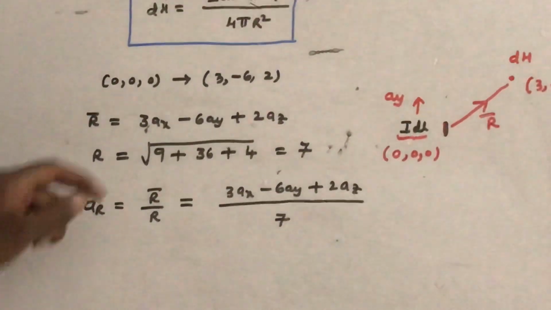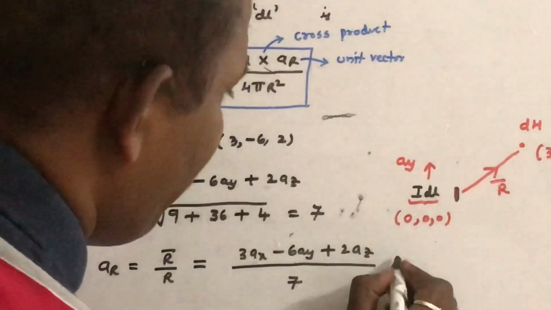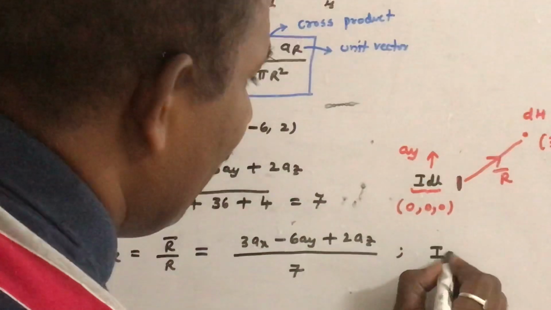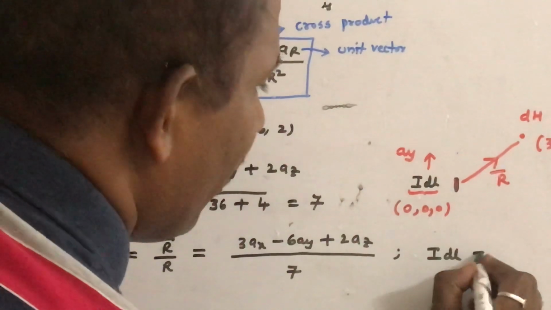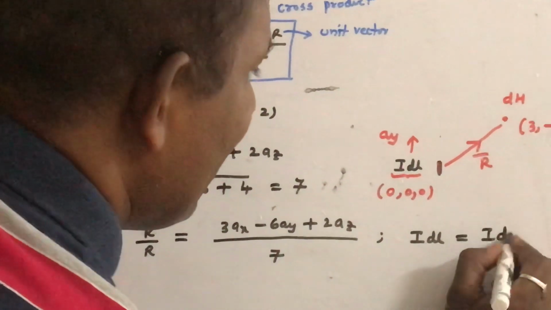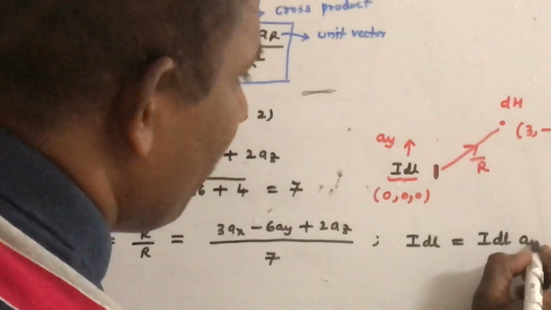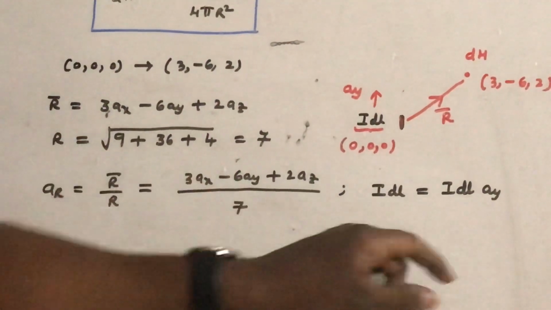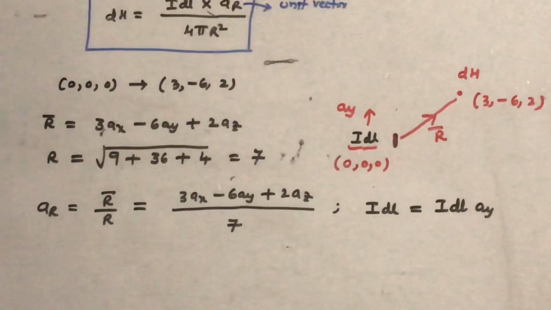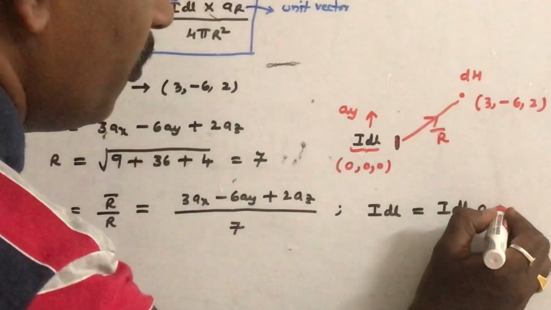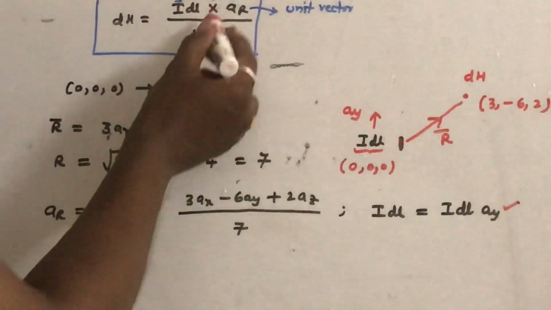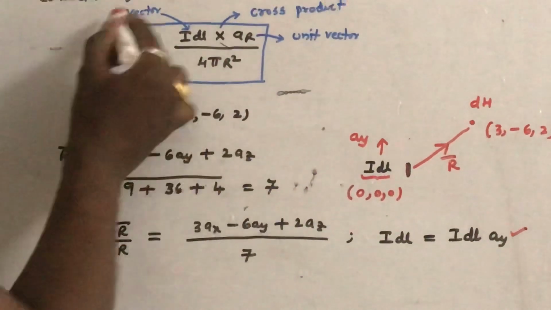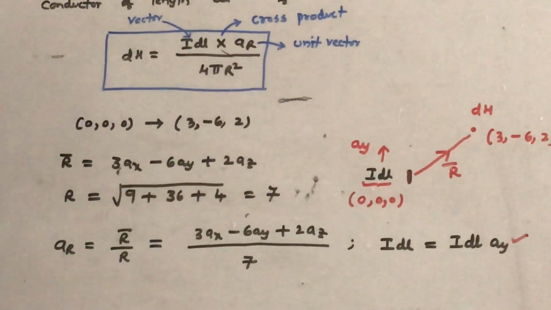Now, substitute here. One more parameter we have to take is I dl, because it is a vector. Because it is carrying a current in the positive y direction, you have to take the unit vector as a_y. So let us substitute all these things: I dl, a_R and R in this Biot-Savart formula. You will get the final answer.